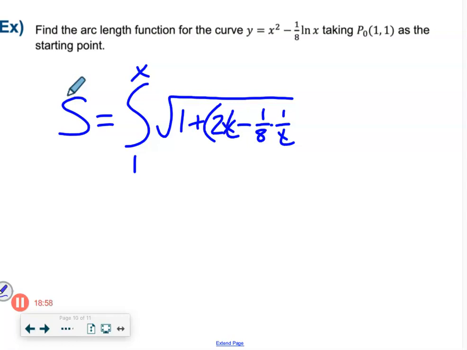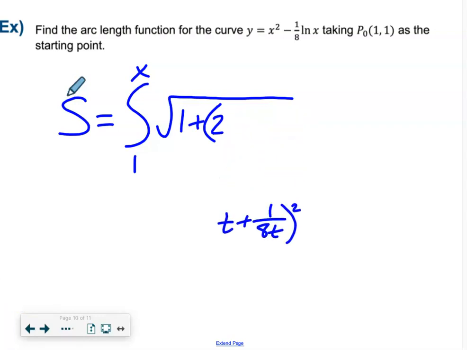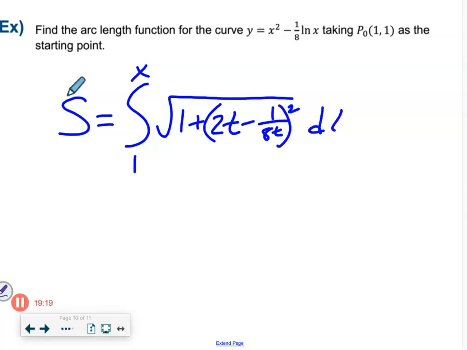I just got to erase it. Okay. T plus 1 over 8t squared. Oh, minus. Okay, third time is the charm. Squared dt.